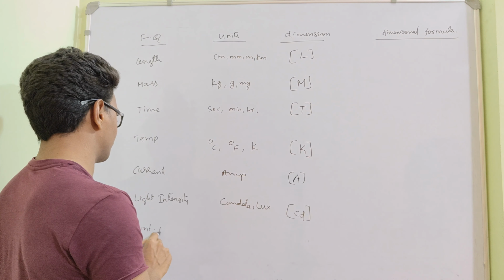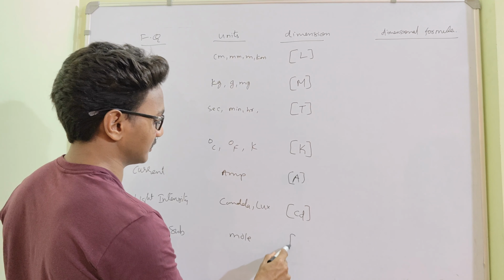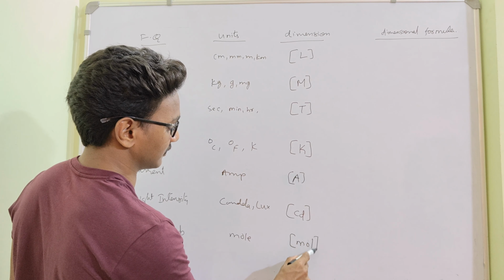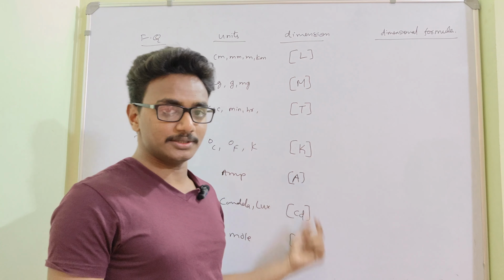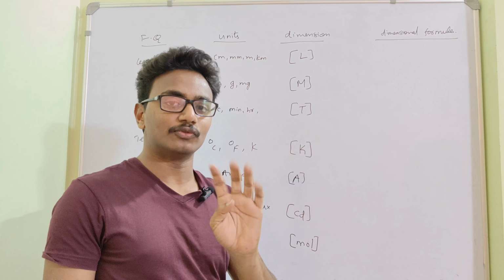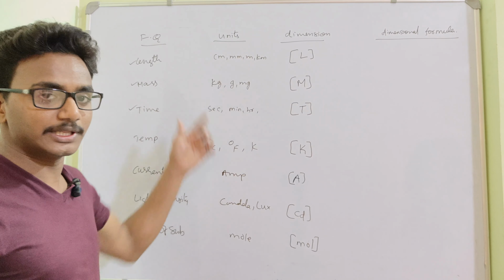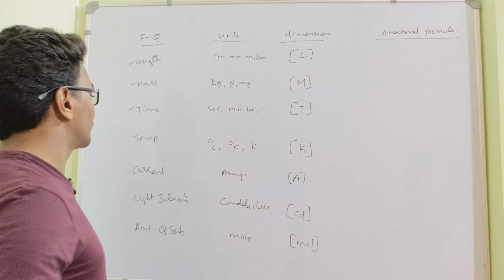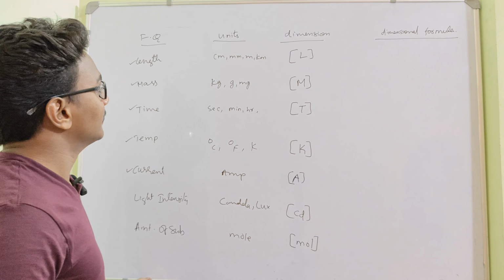Last one, amount of substance. Units are mole. Dimensional representation is this. Out of these 7 fundamental quantities and their dimensions, we mostly use 4 or 5. 3 are important. We mostly use these 3. Sometimes we use these 2 also.